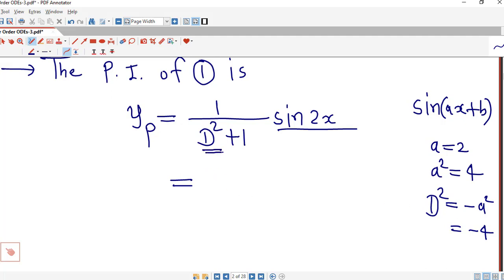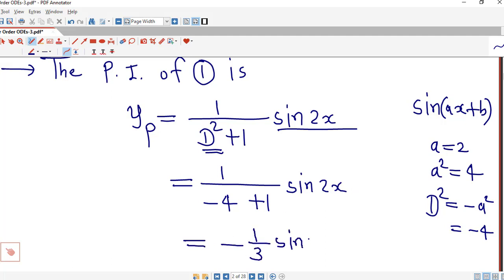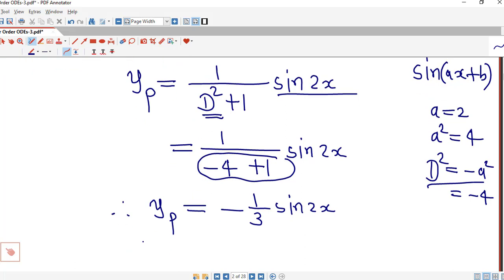So if we put D square equal to minus 4, we will have minus 4 plus 1, that is minus 3, and it is non-zero, so we keep it as it is. So here we replace D square by minus 4, giving 1 over minus 4 plus 1 sin 2x, and this we can rewrite as minus 1 by 3 sin 2x. So after replacing D square by minus a square, this term remains non-zero. So this is the particular integral for the given differential equation.